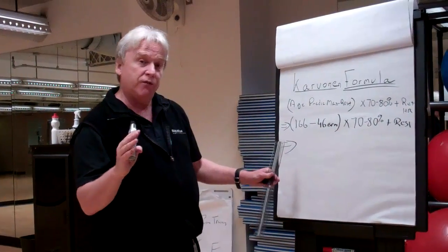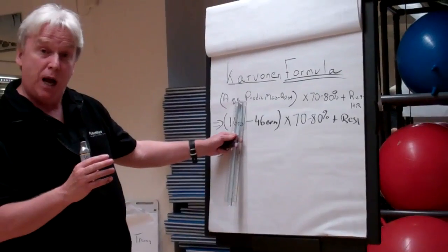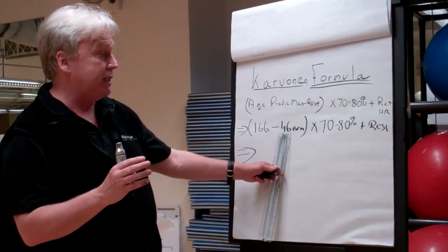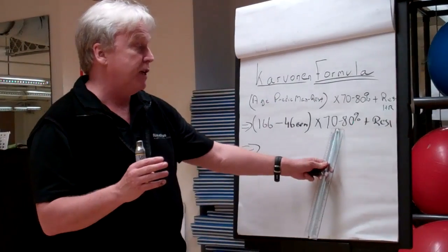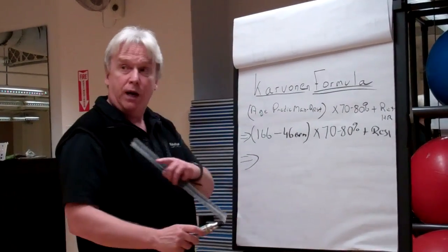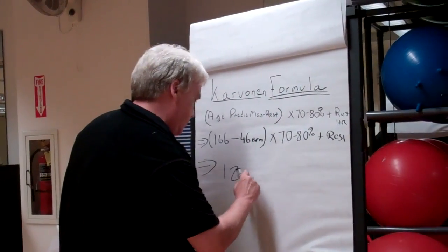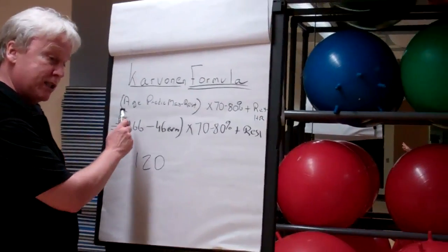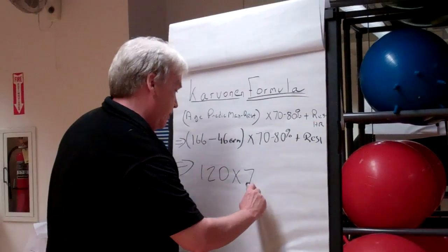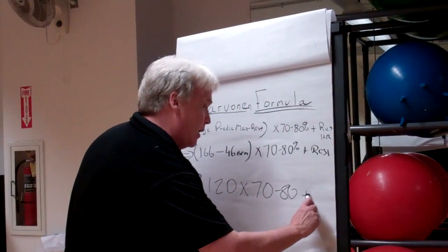Using mine, just to get the formula through, 166 is my age predicted maximal heart rate. Subtract my actual resting heart rate of 46, times 70 to 80%, plus the resting back. Let's do that equation. 166 minus 46 is 120, times 70 to 80%, then you're going to add that resting heart rate back in.